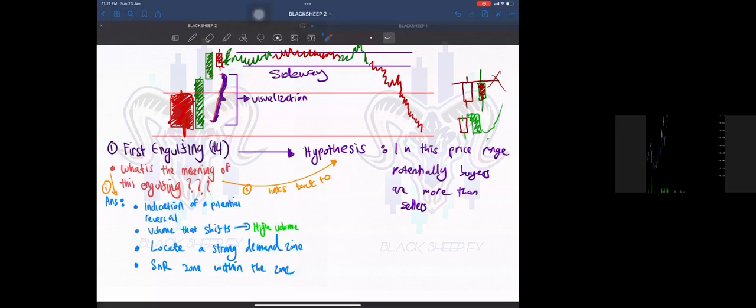So if you are using engulfing, there is one particular way you can decide whether the probability of the trade in this zone will be strong or weak. Let's take a buy scenario.